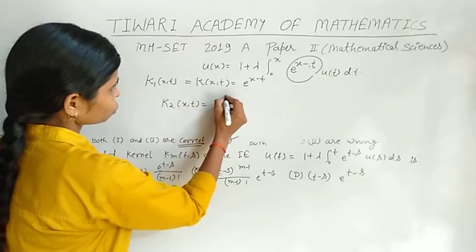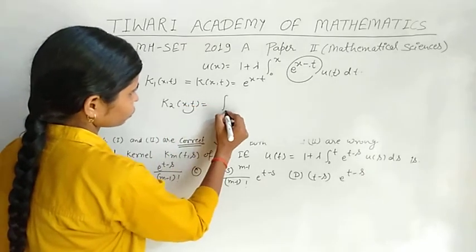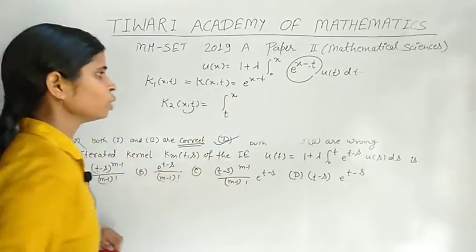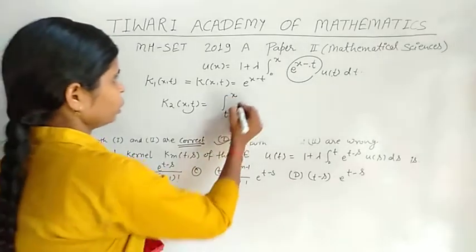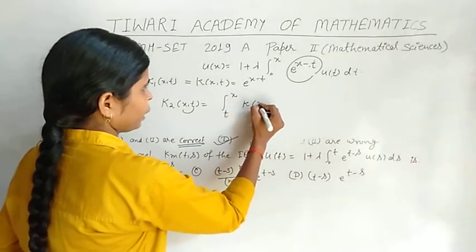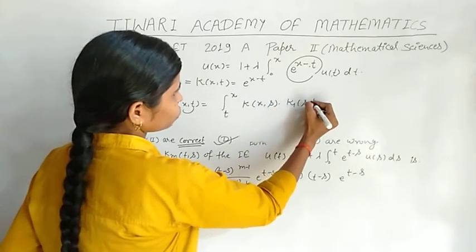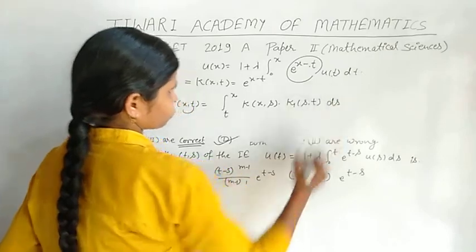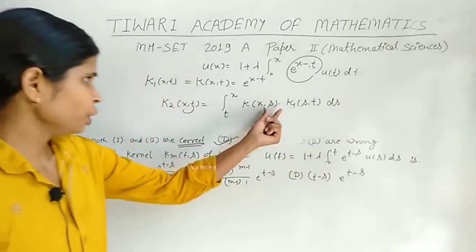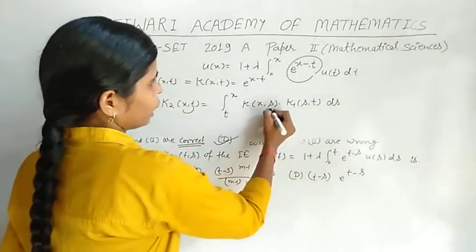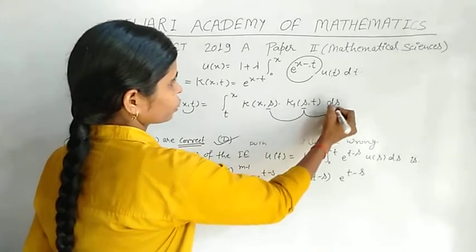K2 x t is equal to integration t to x, K x s into K1 s t ds. We introduce another variable s.